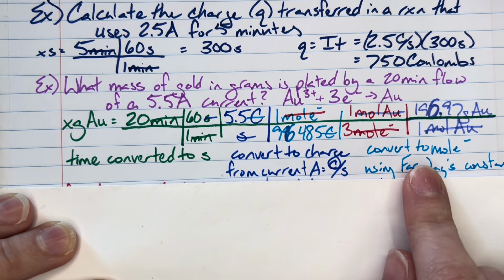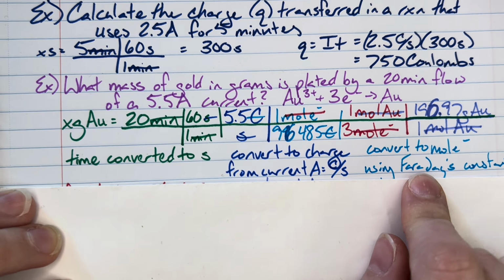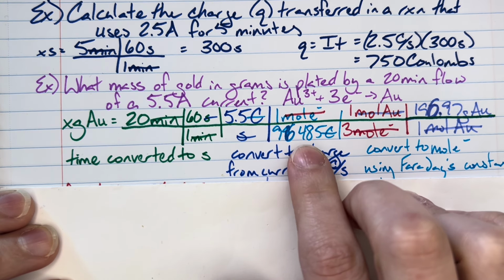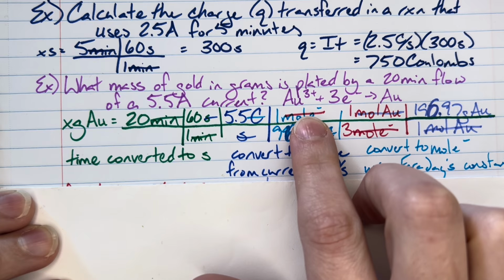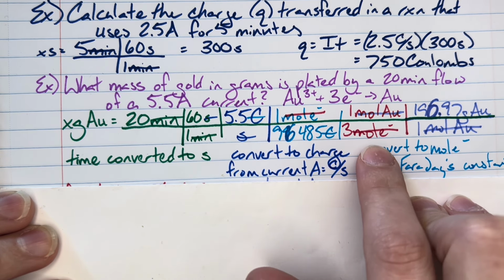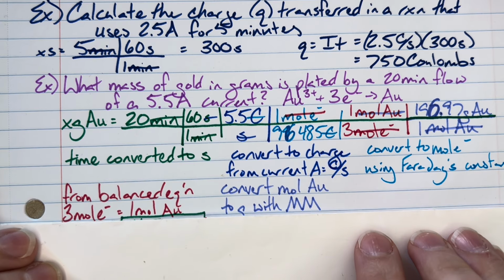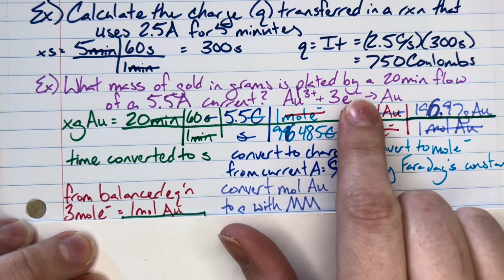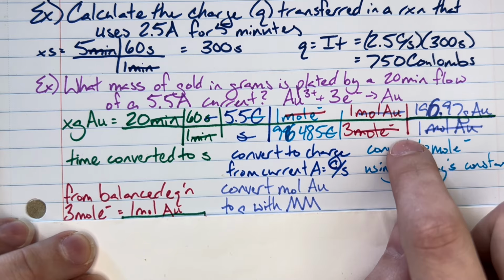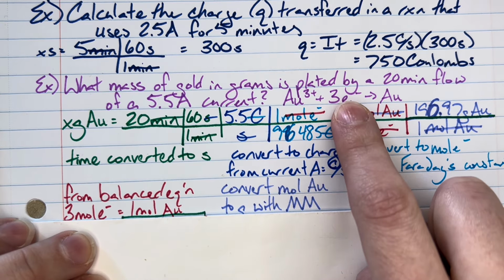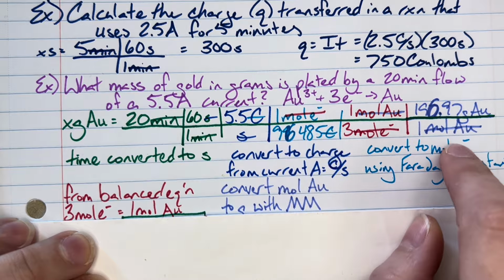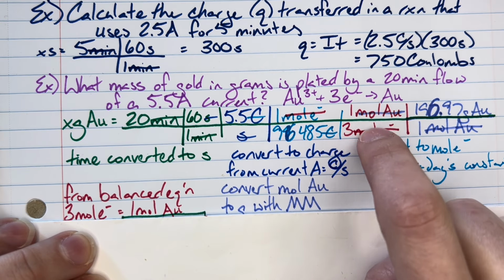I can then use Faraday's constant, which tells me that I have 96,485 coulombs per mole of electrons being used. And then I know that I have 3 moles of electrons based off of the balanced chemical equation. I have 3 moles of electrons per every 1 gold, and so I can have that mole-to-mole ratio there.